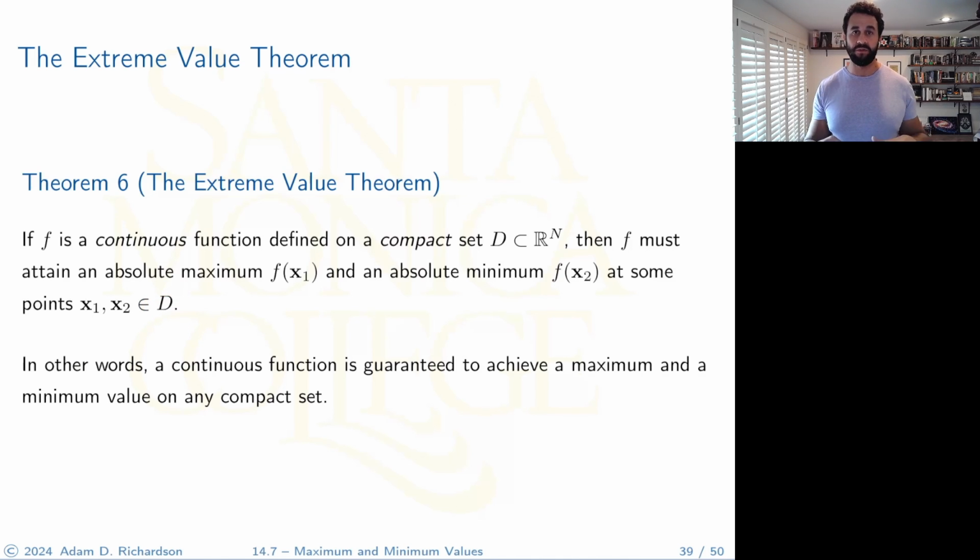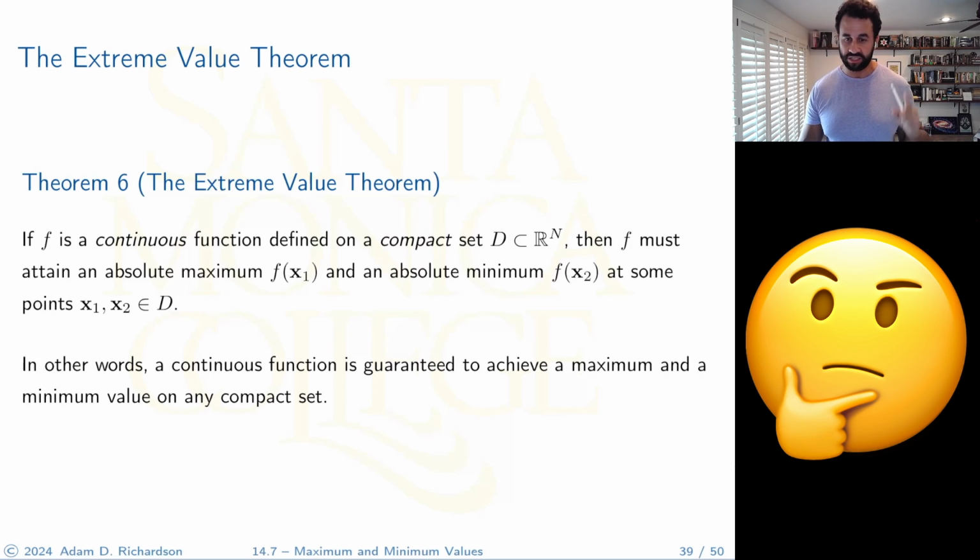Yes, so just like I said before for single variable functions, if your function is continuous on a compact set, then you must achieve a maximum value and you must achieve a minimum value. That's the big idea. Okay, so this is another one where I want you to stare at it and just think about it for a minute.